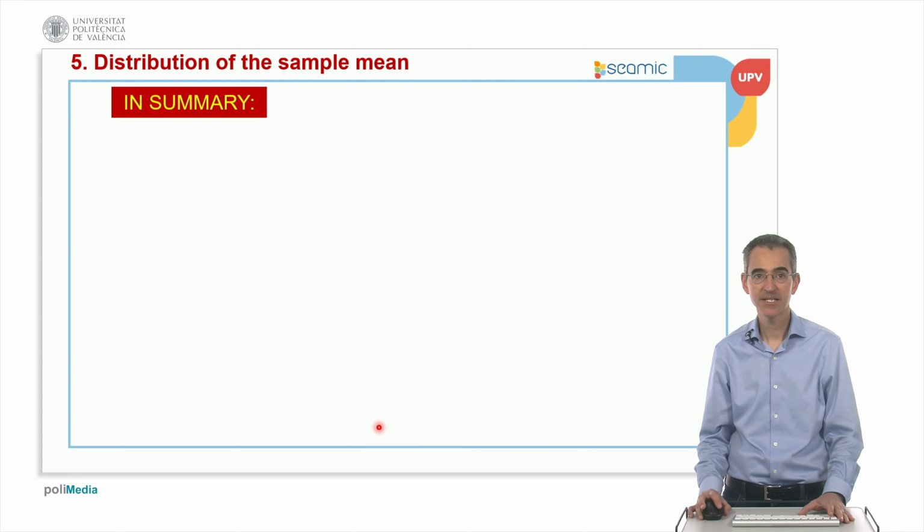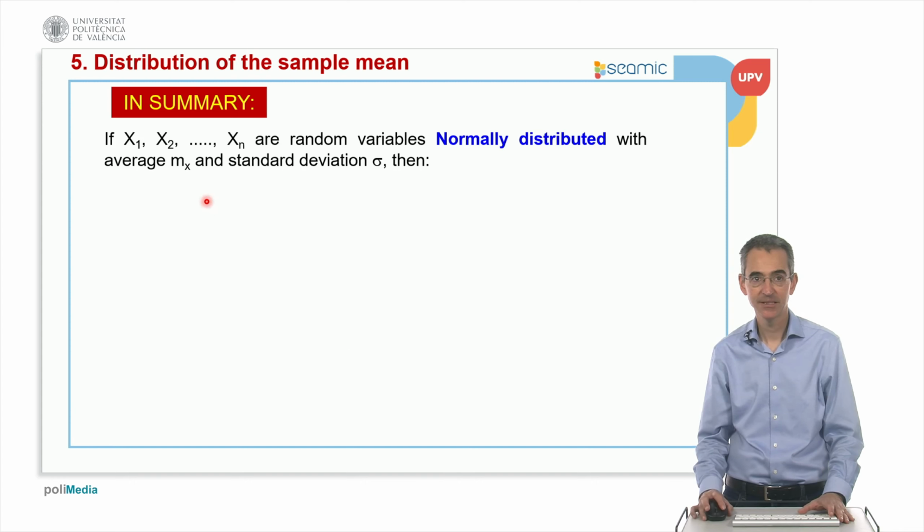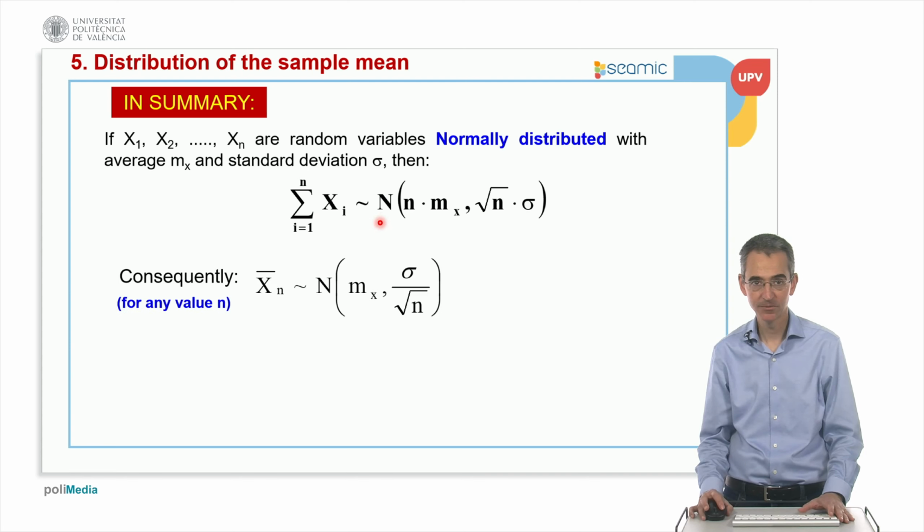Good. So in summary, if I have random variables normally distributed with an average m and standard deviation sigma, then for any sample size n, the sum will always be normal, and consequently, for any value of the sample size, the sample mean will be normal.